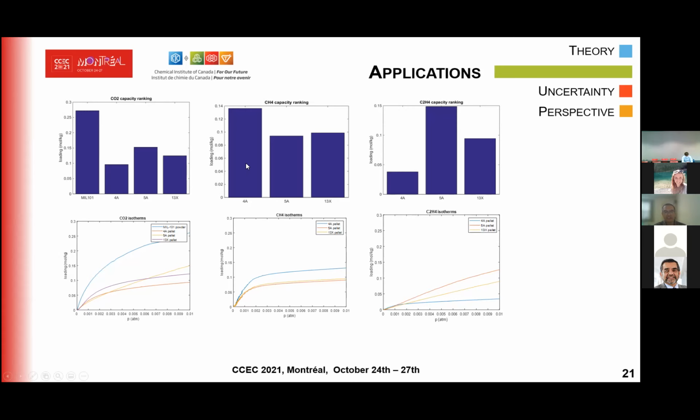But if you're interested in selectivity, if you want to purify, for example, a mixture of paraffin and olefin, and you want to make a decision about which one, it shouldn't be a good adsorbent of both components, but it should be a strong adsorbent of one and a weak adsorbent of the other one. For example, here you see that A has very low adsorption towards this olefin, but high towards this paraffin. So you can make a decision. Or if you have natural gas, and it contains some methane, some CO2, then okay, you can make your choice.